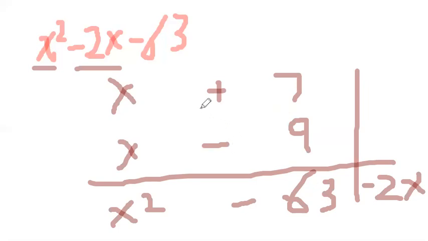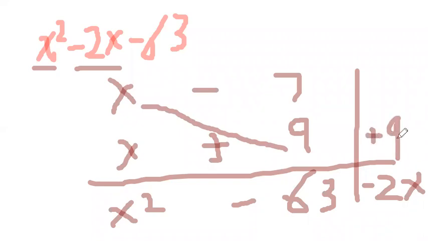Let's check it. If this is minus and this is plus, we multiply across: x times 9 positive is plus 9x, and x times minus 7 is minus 7x.